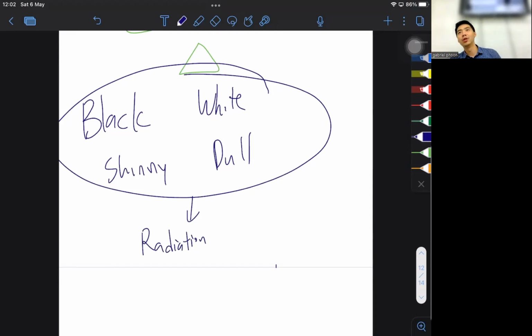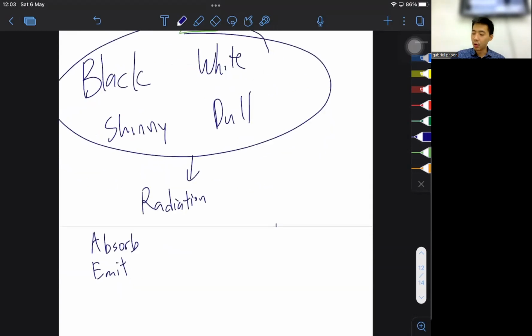Black is a good absorber, good emitter or radiator, and bad reflector of heat. So it's always going to be absorber, emitter, and also reflector, guys.